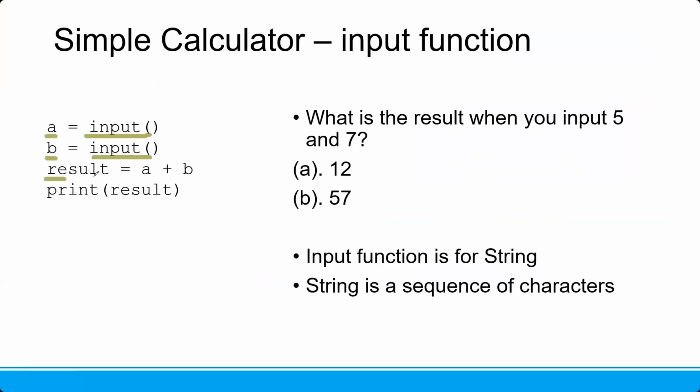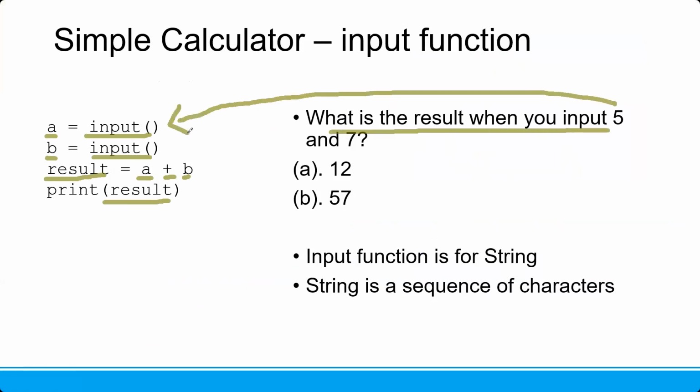Now I will have a new variable which is result equals to A plus B. I print the result. So what is the result when you input 5 here and 7 here? Is it 12 or 57?